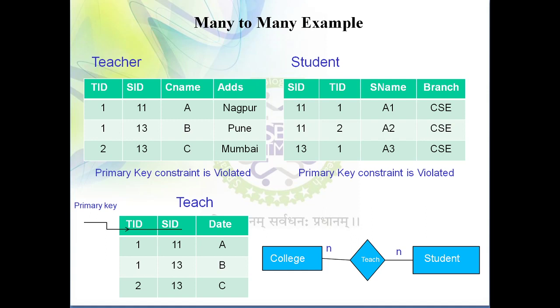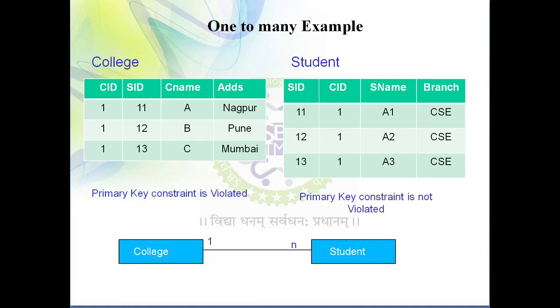That means there should be no difference. If you have not taken care of one to many and many to many, and in a one to many case you have shown the relationship with the help of a third table, then it is wrong. So suppose you create a third table, that means college has student.